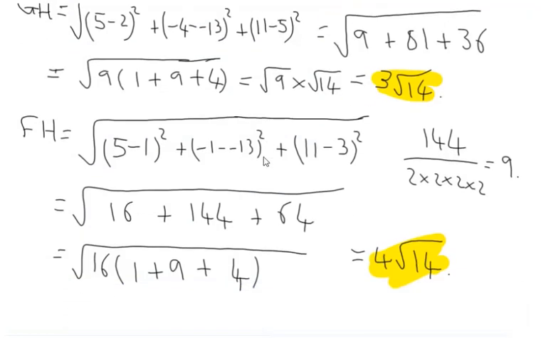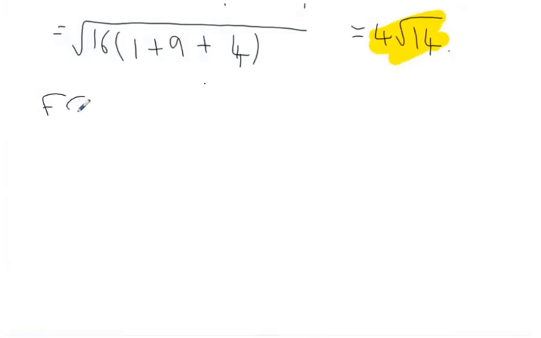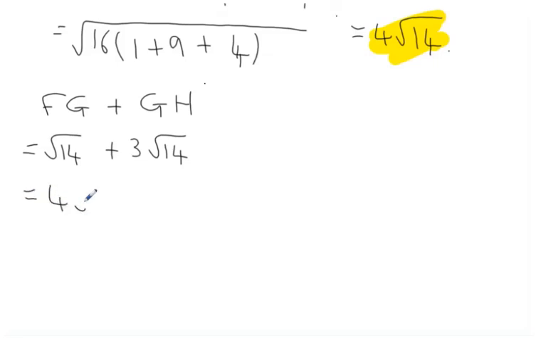So let's just write that down and make sure we know what was what. The first one was FG, the second one was GH, and the third one was FH. So FG plus GH equals root 14 plus 3 root 14 equals 4 root 14, which does equal the distance FH.